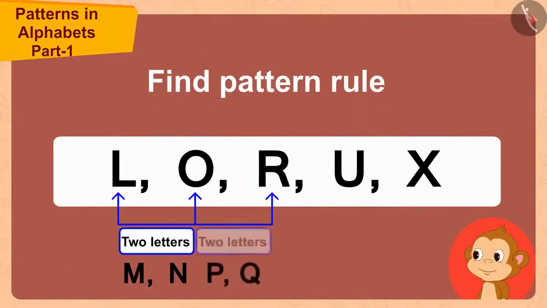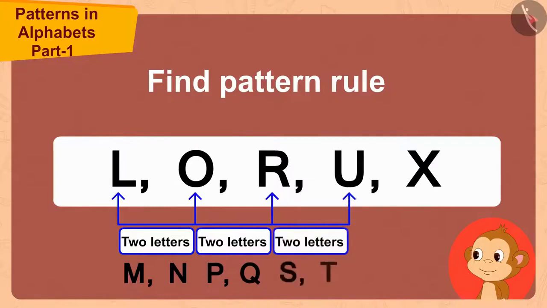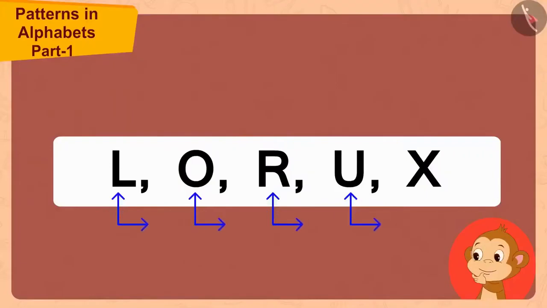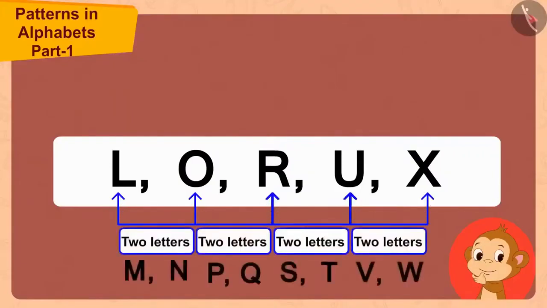Exactly 2 letters. Thus, the rule of this pattern is the difference of 2 letters between each letter and the letter preceding it. Babban found the rule of this pattern with your help.